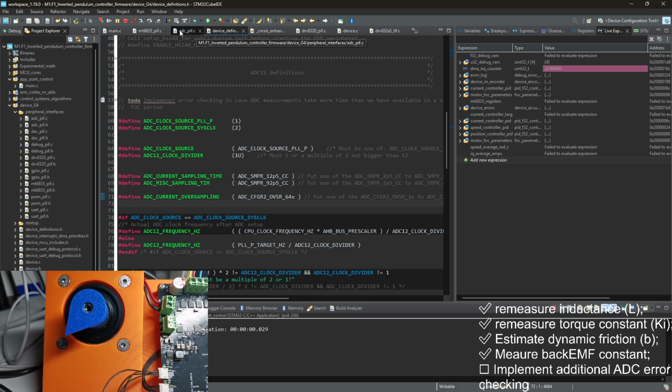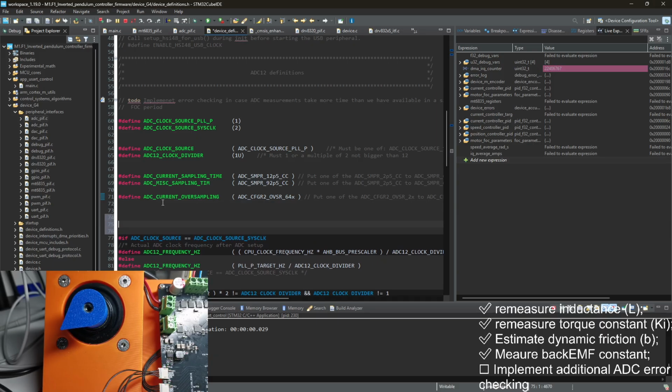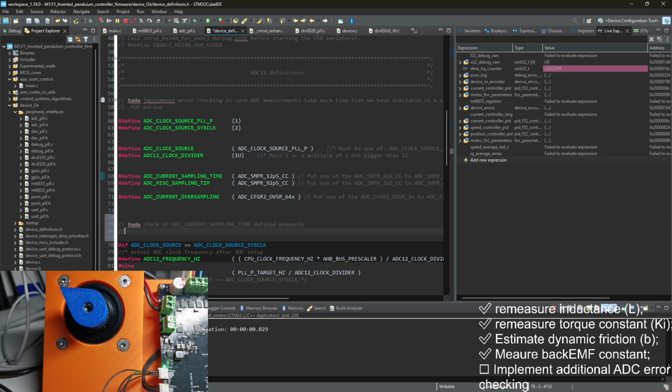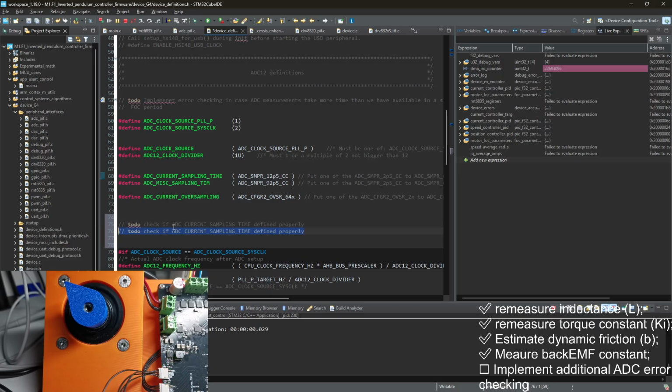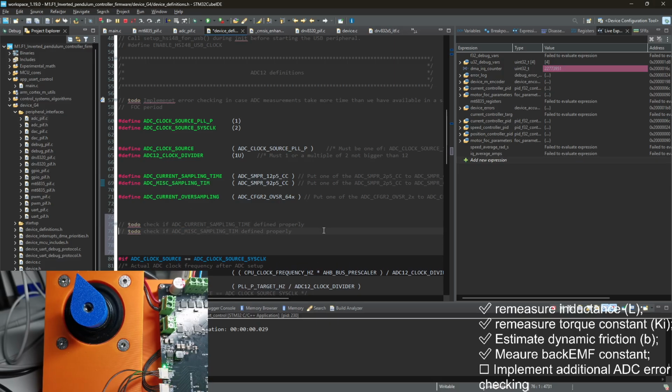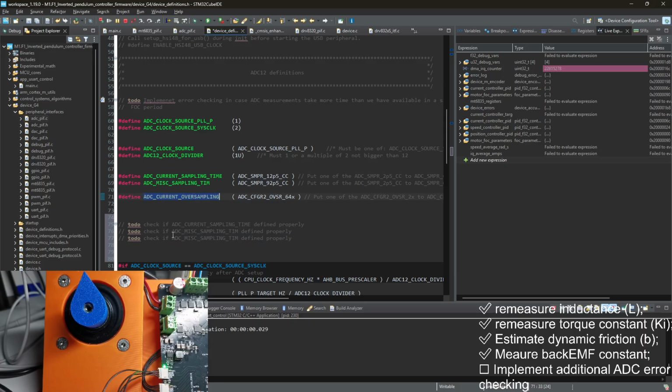Do we need to check anything? We do need to check. Okay, let's add a to-do: check if defined properly. The same, but for this, we need to do it for all of them, like that.